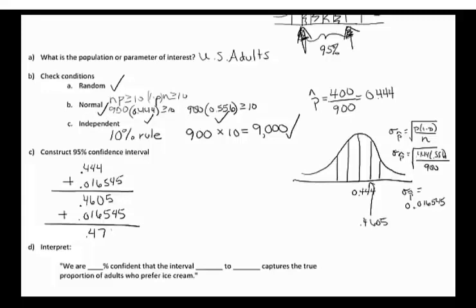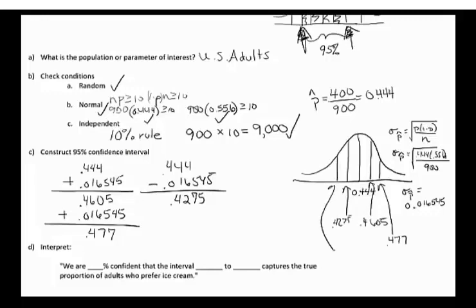I've got the upper bound. Find out what the other ones are as well. To go lower, we need to subtract. So that gives you this one. Now to find this one, we want to go another standard deviation below.